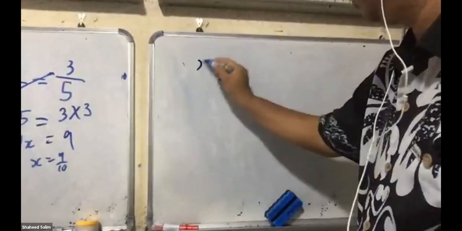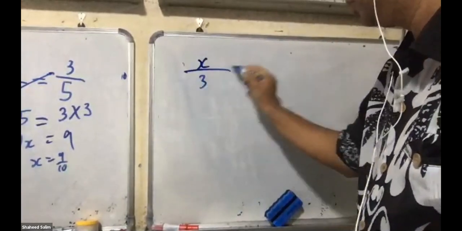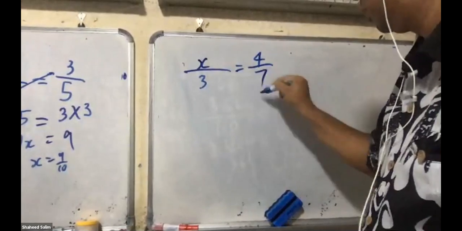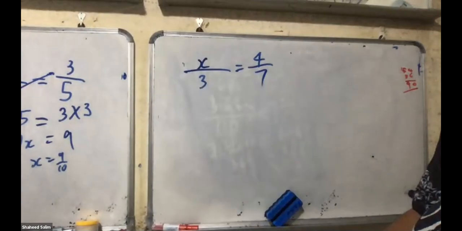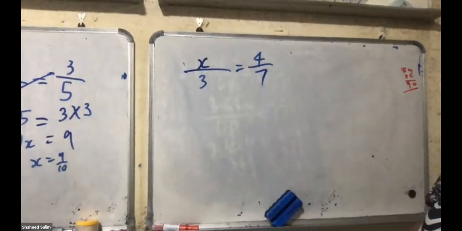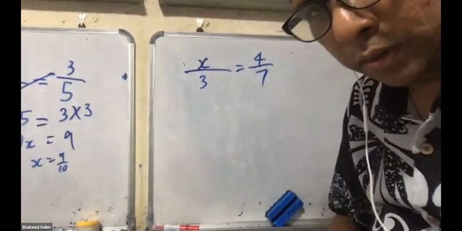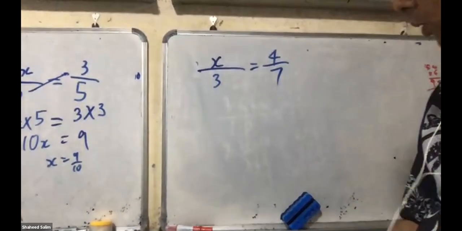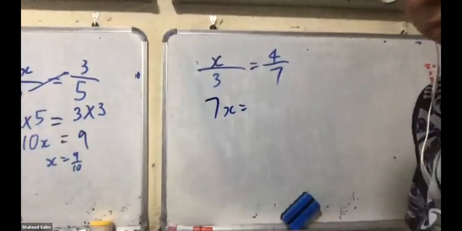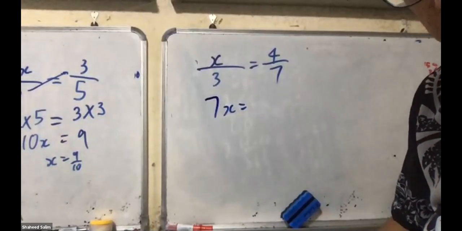Okay, now you try. Edmund, try this one. Last question already. What to do? Tell me what to do. 7x. Push. 7x equals 12.